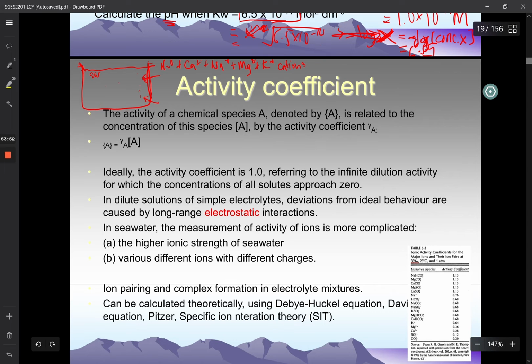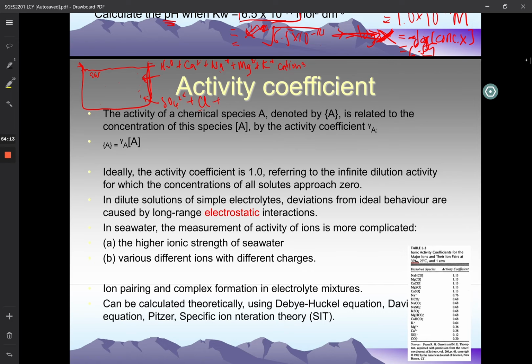For anion species, what do we have? We have sulfate. We have plenty of chloride, that's what gives this salinity. You have sulfate, you have chloride, you have sodium. All these dissolved ions contribute to the salinity of the seawater.